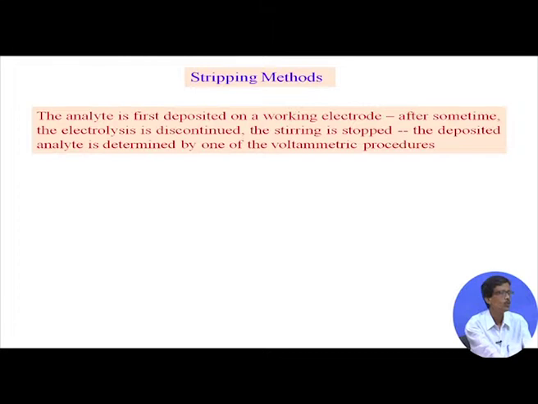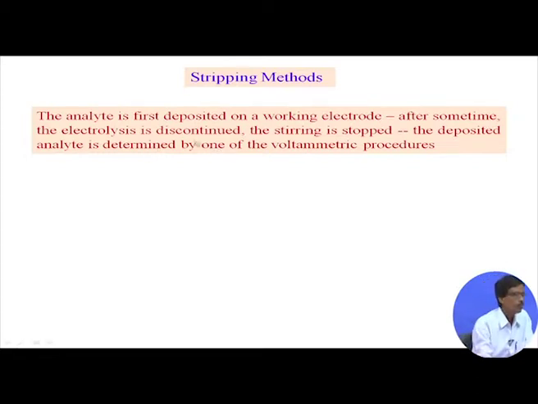Now, what you do is that the analyte can be allowed to deposit on the electrode surface by passing electricity. Because the deposition will take some time, after some time the electrolysis is discontinued.